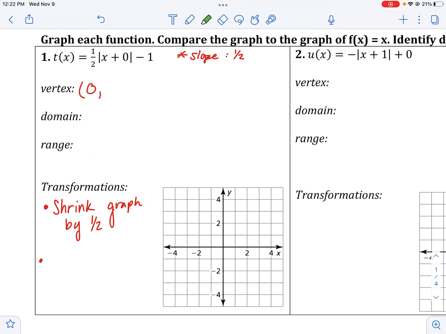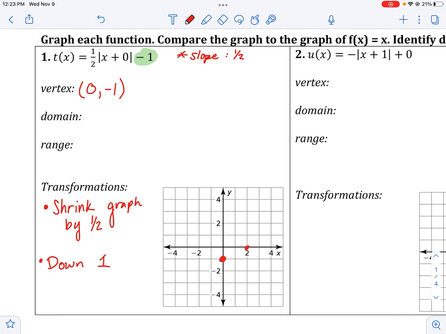And then my k value tells me how far up and down I go. And if it's -1, that would mean I would go down 1. So my vertex is at (0, -1), which means I go down 1. And I need to make a slope of 1/2.